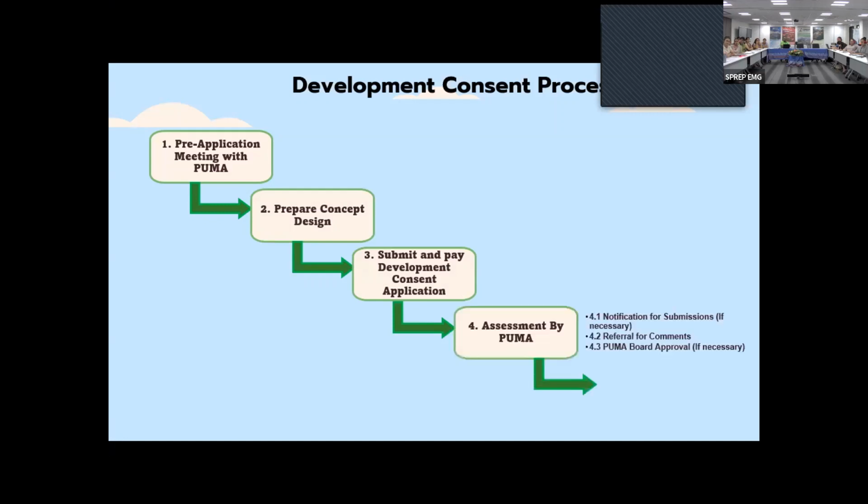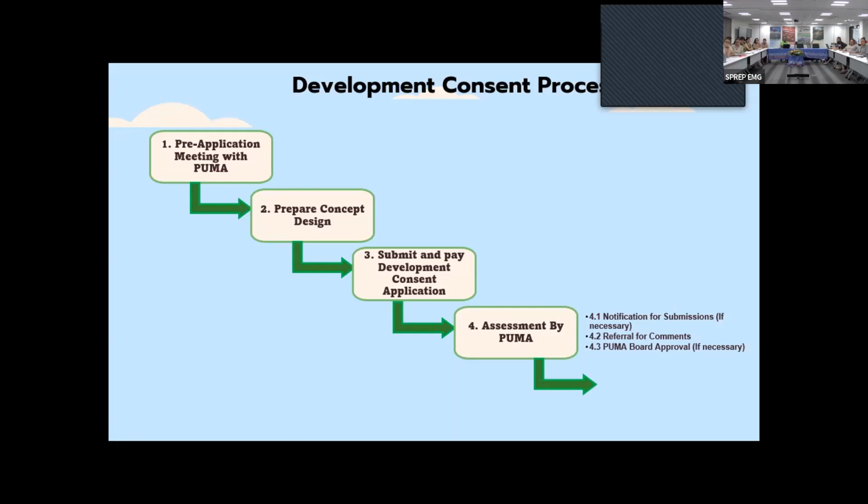And then step 4 is that we will take that application package and we will assess it. In our assessment, it's usually done internally, but we also have some other related steps as well. Sometimes when we look at your application, you might say, oh, it's pretty large scale, or there are impacts here that we foresee have a public interest.